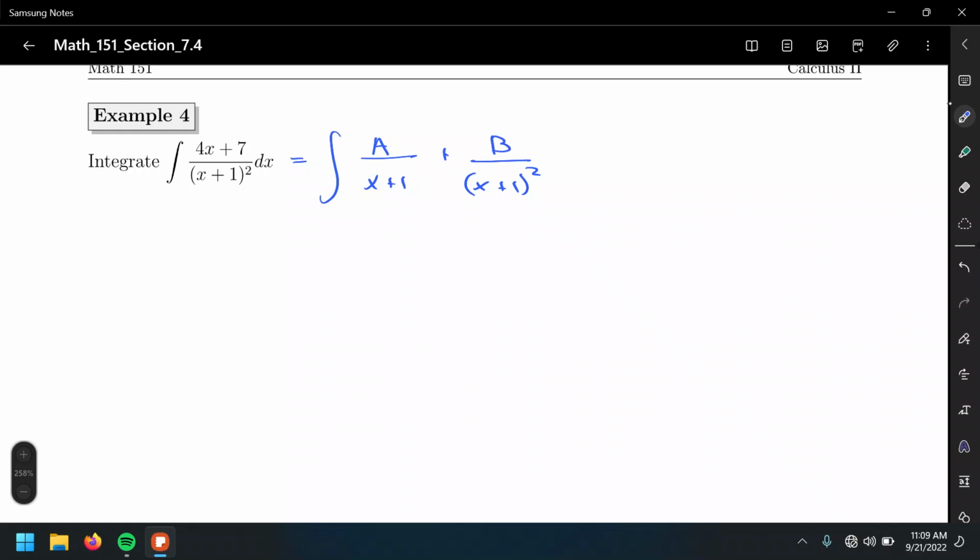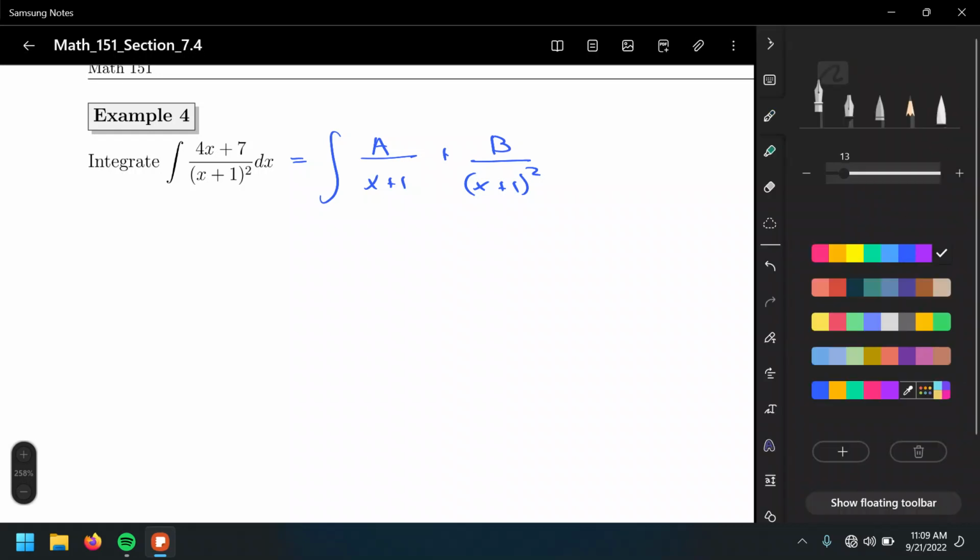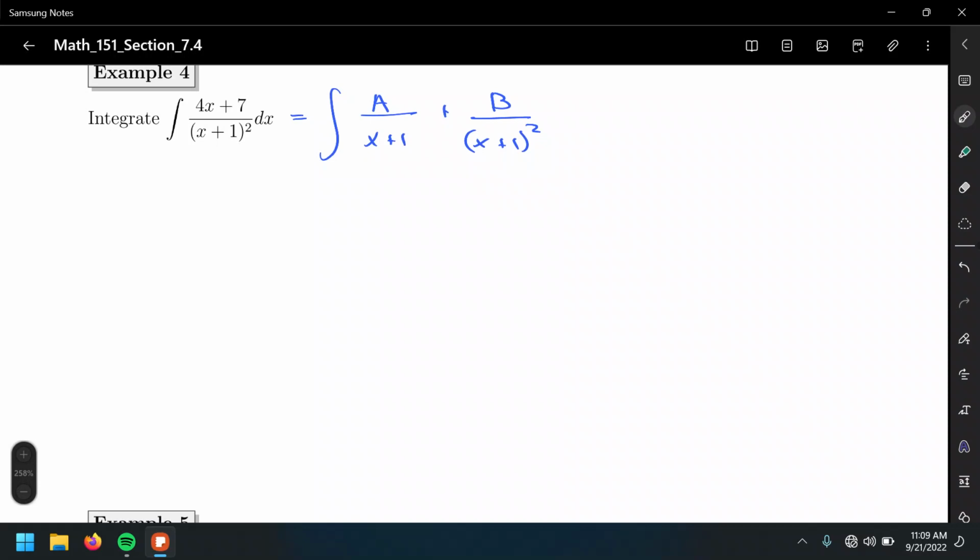That's what the guidelines tell us to do for repeated factors. For example, let me make something up real quick on the side. If we had something like the integral of x plus 3 to the 4th power times x minus 7 to the 3rd power dx, well, then we would have to write every single power of x plus 3 up to the 4th power.